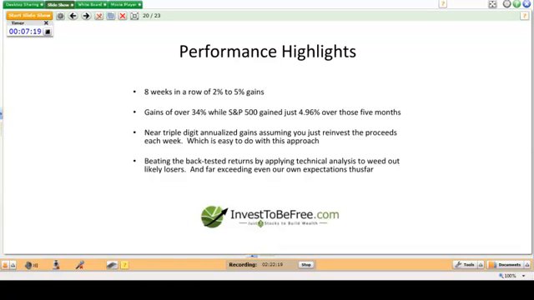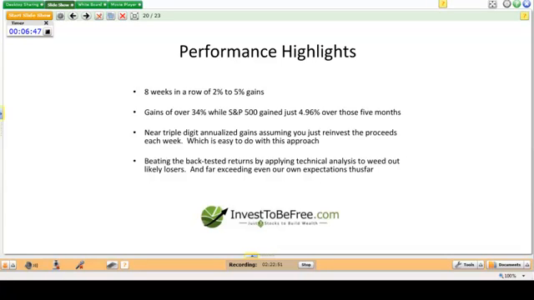Now this is a near triple-digit annualized gain, assuming you reinvest the proceeds each week, and that is very easy to do with this approach because you're only making on average 1 or 2 trades per week, and you're just trading out of one stock and moving that money into another stock. So you have the money split up approximately 3 ways. So if you have $30,000, you would approximately have $10,000 in each stock each week.